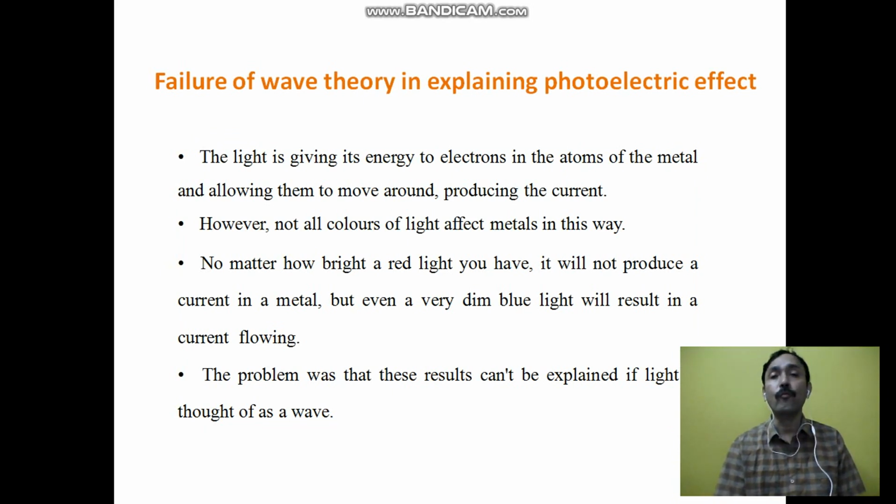Failure of wave theory in explaining the photoelectric effect. The light is giving its energy to electrons in the atoms of the metal and allowing them to move around, producing the current. However, not all colors of light affect metals in this way.